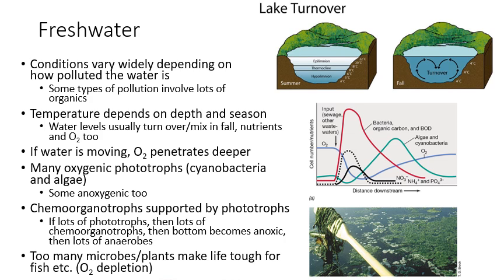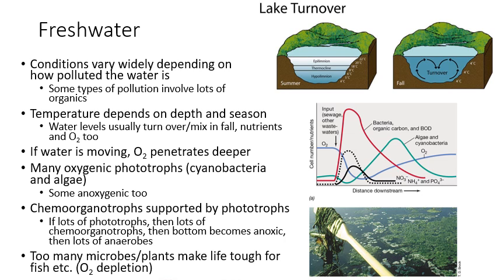They're producing organic carbon that is then used by chemoorganotrophs living in that water as well. So if you have freshwater that can support a lot of phototrophs, then they're going to produce a lot of organic carbon. That means the water can support a lot of chemoorganotrophs as well.